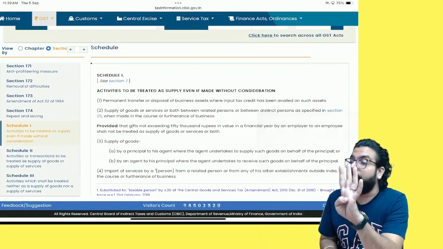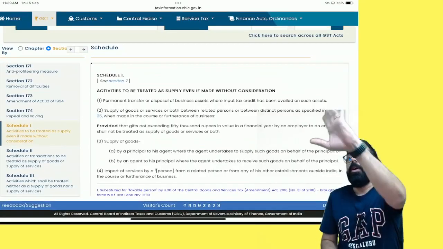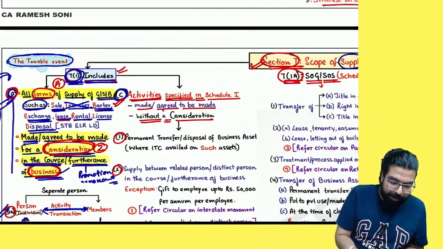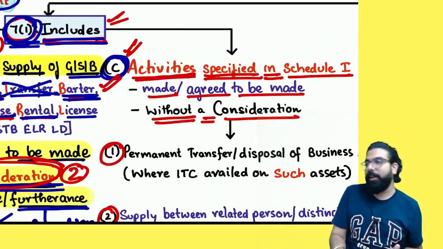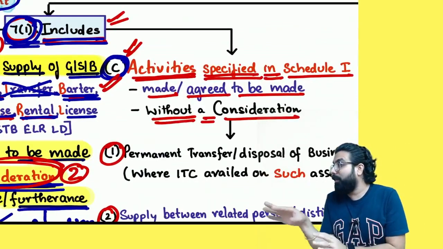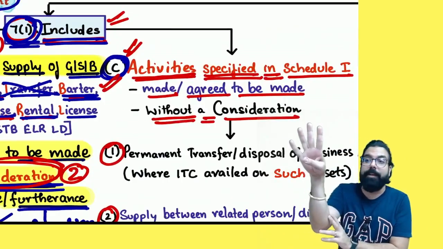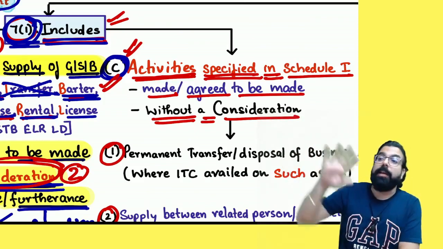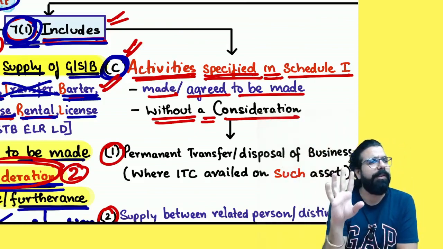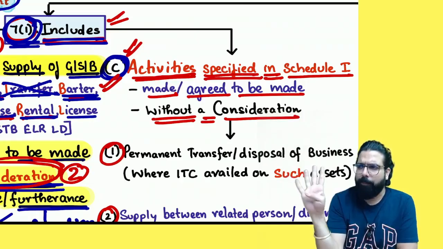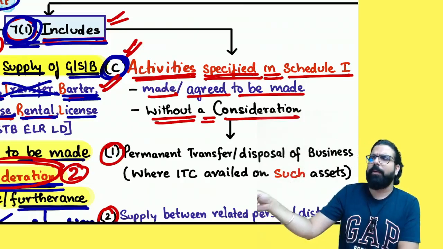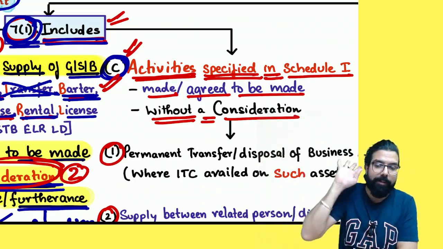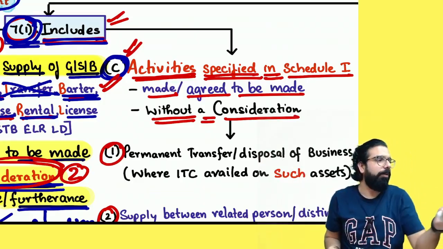These 4 activities, if you do without consideration, also it will be a supply. When you go to 71C, 71C says go to Schedule 1. Those 4 activities, if you do without consideration, also GST will be charged. Chalo, we'll understand that activity now.